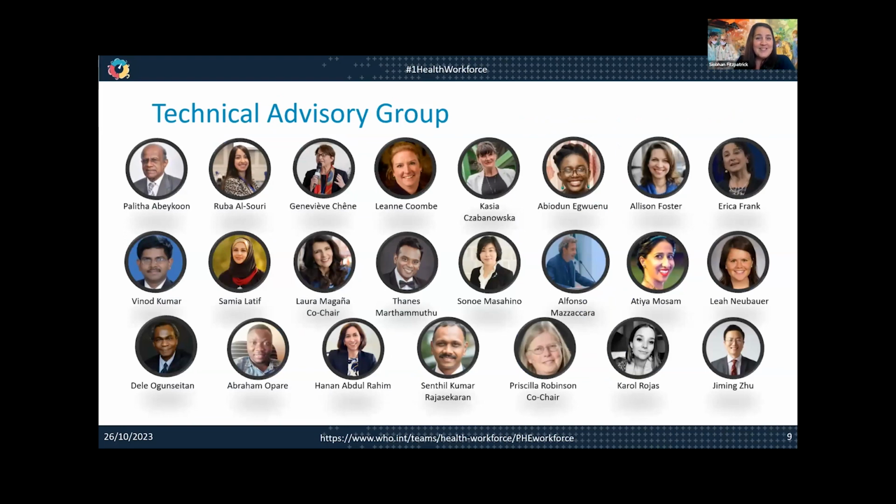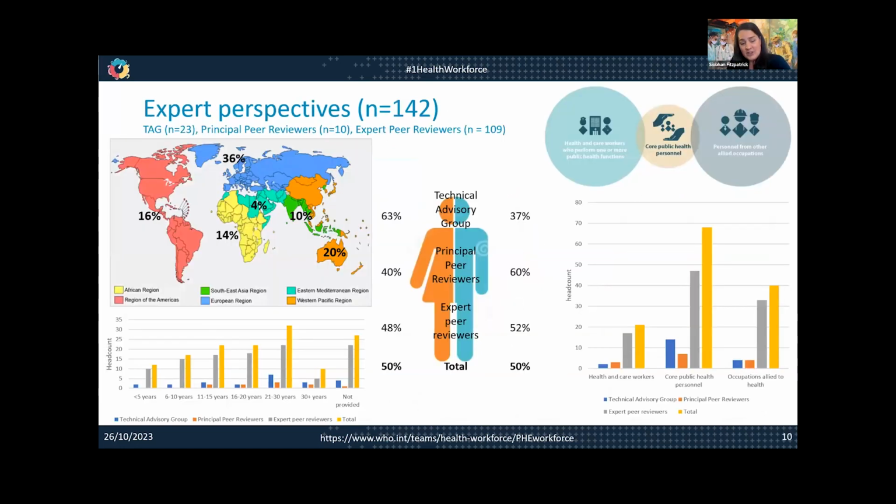So this is just to acknowledge the members of that technical advisory group, and you will recognize some of the faces there. So 23 different members provided that oversight throughout. And in addition to those 23 advisors and the research team, we also involved more than 140 different experts. So we actively sought that global distribution.